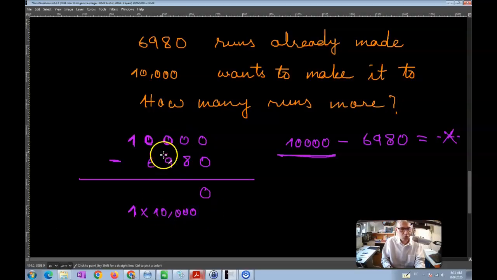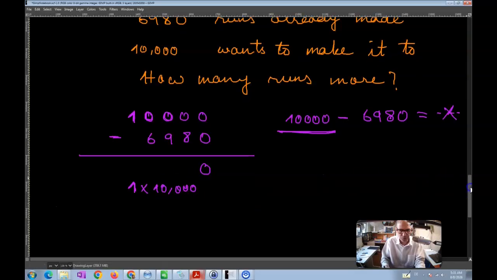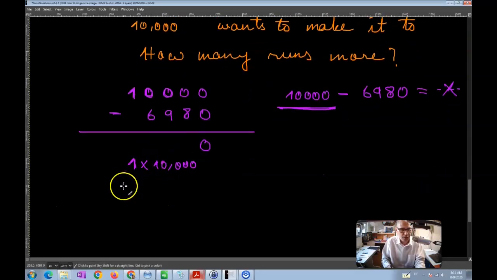Right? So if I borrow from this, the only thing that I can do is break this up. For one group of 10,000 I will have 10 groups of 1,000, because you know that 10 times 1,000 is 10,000, right?